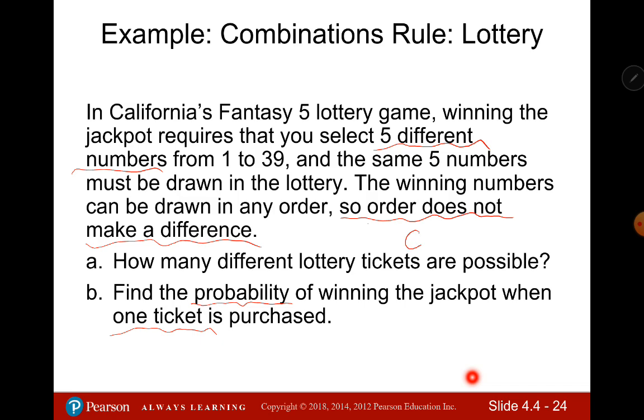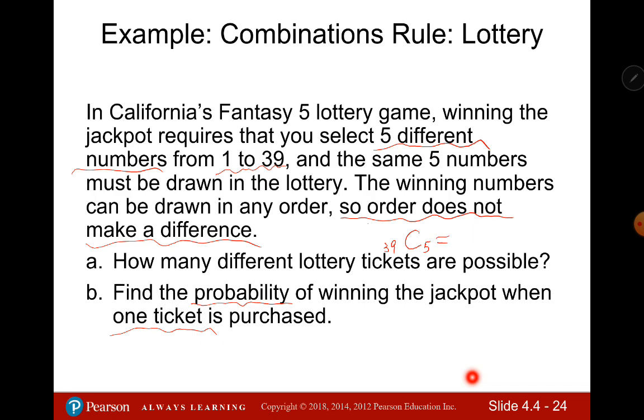But what is the N here? N should be how many different items in total. From 1 to 39, there are 39 different numbers, so that will be 39. How many numbers do we need to pick? 5. So R is equal to 5.